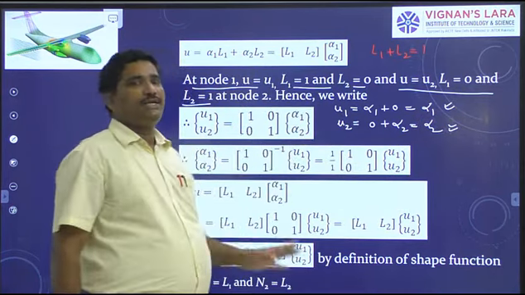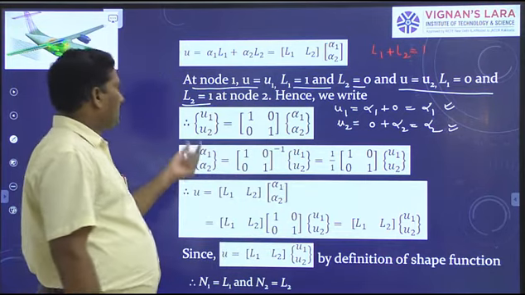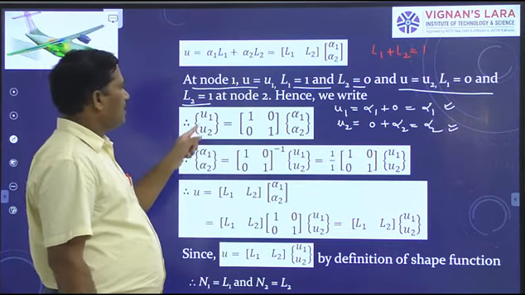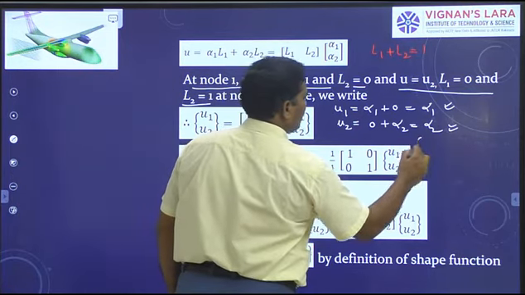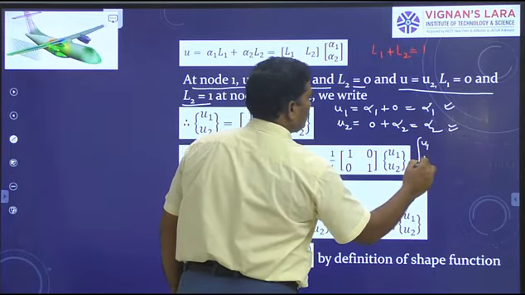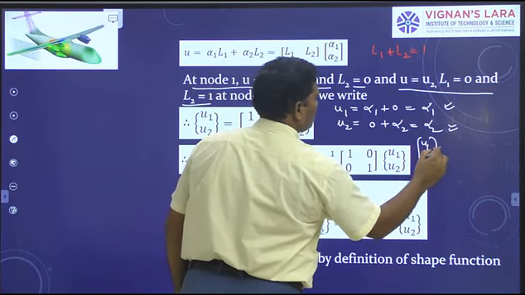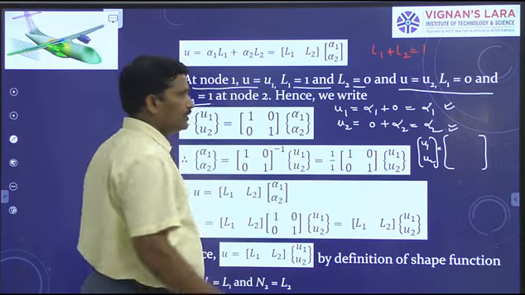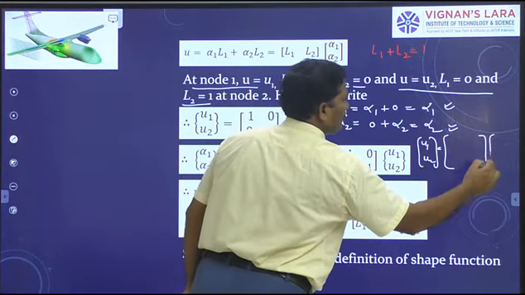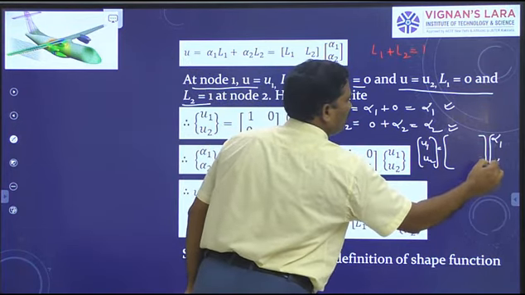We have two equations. These two we represent in matrix form. A column matrix having the elements U1 and U2 equals a 2 by 2 matrix into a column matrix having the elements alpha 1 and alpha 2.